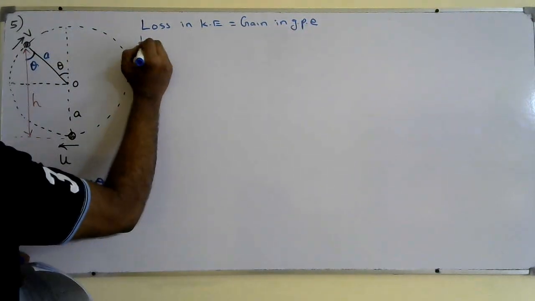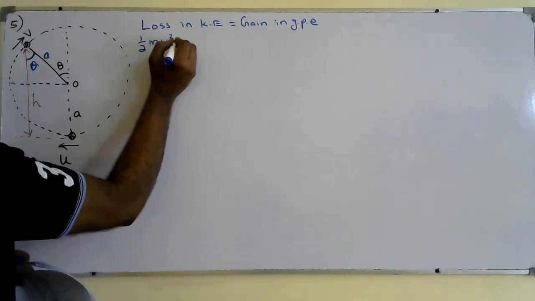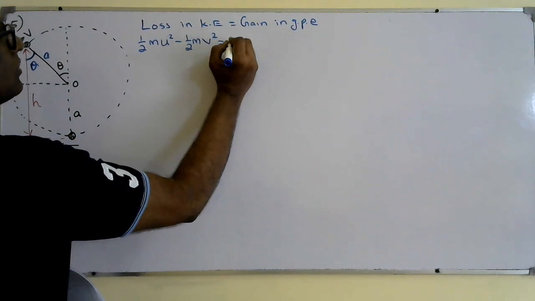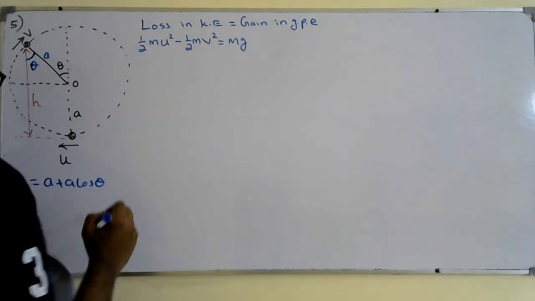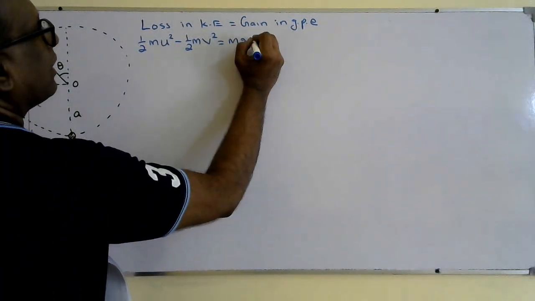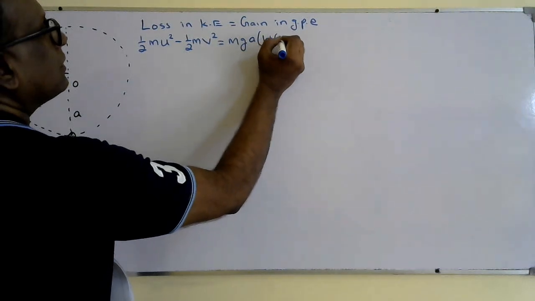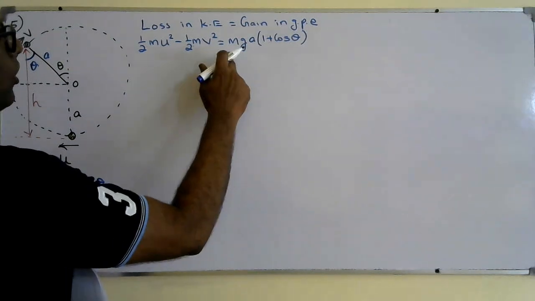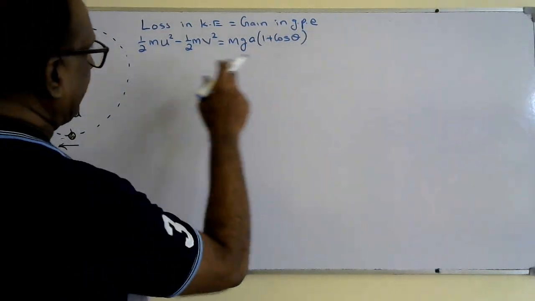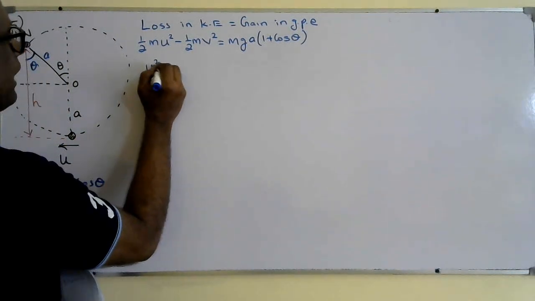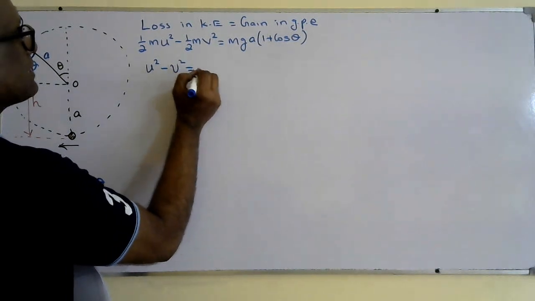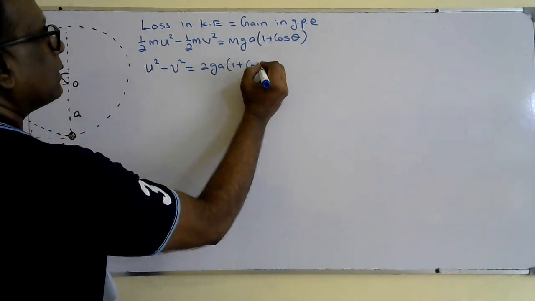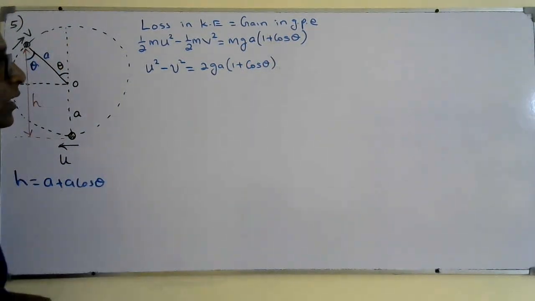Loss in kinetic energy, half mu squared minus half mv squared, equals mg h, which means a into 1 plus cos theta. We divide the whole equation by m and multiply by 2. So u squared minus v squared is equal to 2ga into 1 plus cos theta.